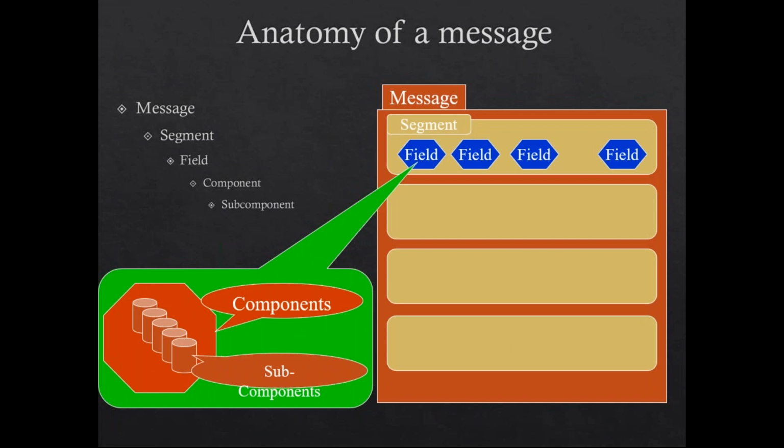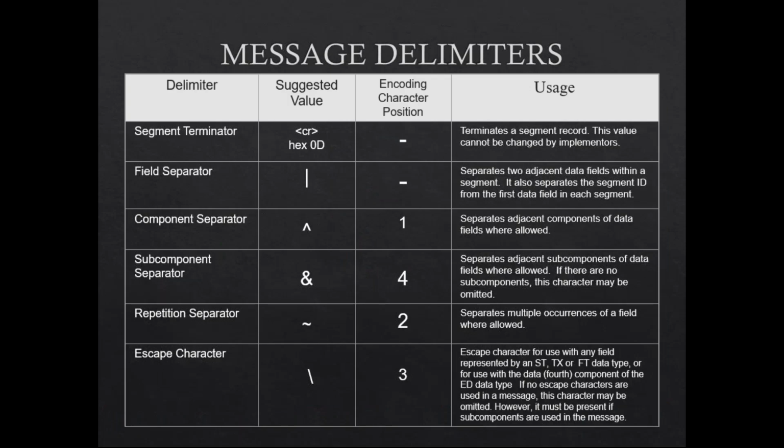All right, so within an HL7 message, we have a few delimiters. Delimiters are nothing but notations, I would say, which we use in the HL7 message in order to separate segments and fields. So when you see a rack, you have different shelves, right?